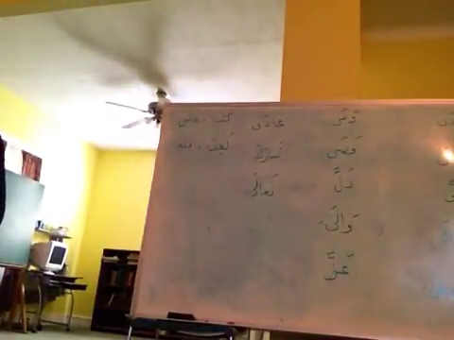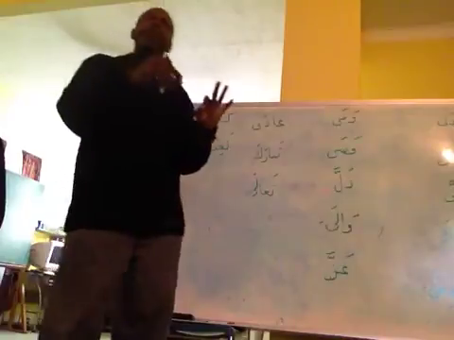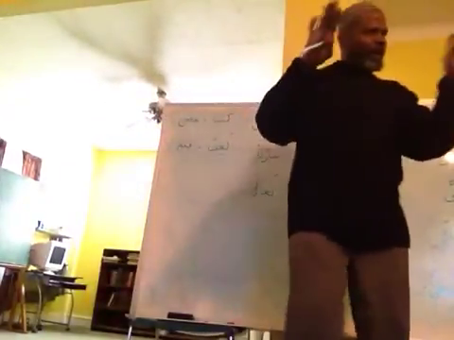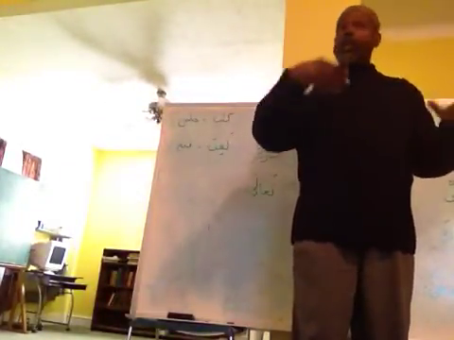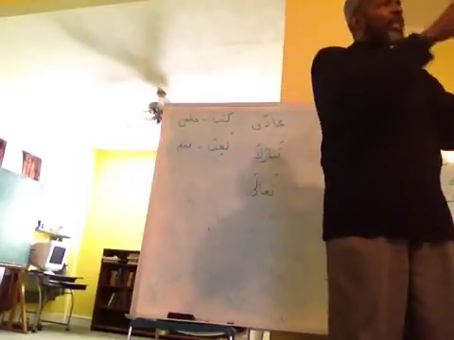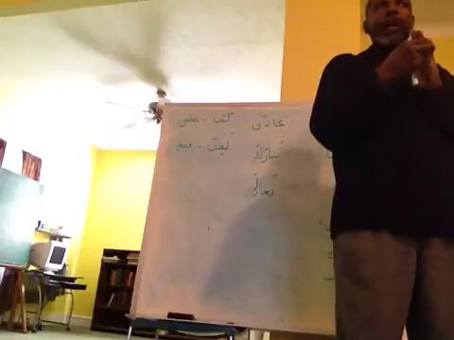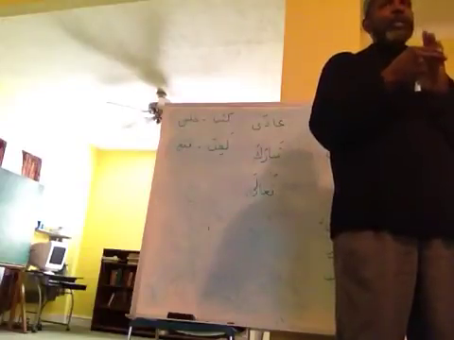I'm going to try to get as much information as we can today. Weak verbs are of three types. Why do we say three types? Pay attention so you can understand why we're saying it a certain way. Traditionally, a verb has three letters.